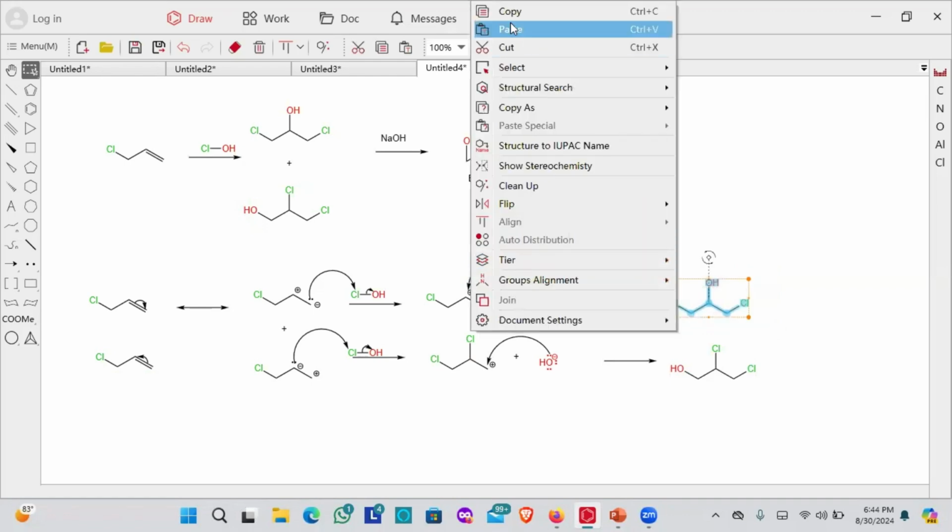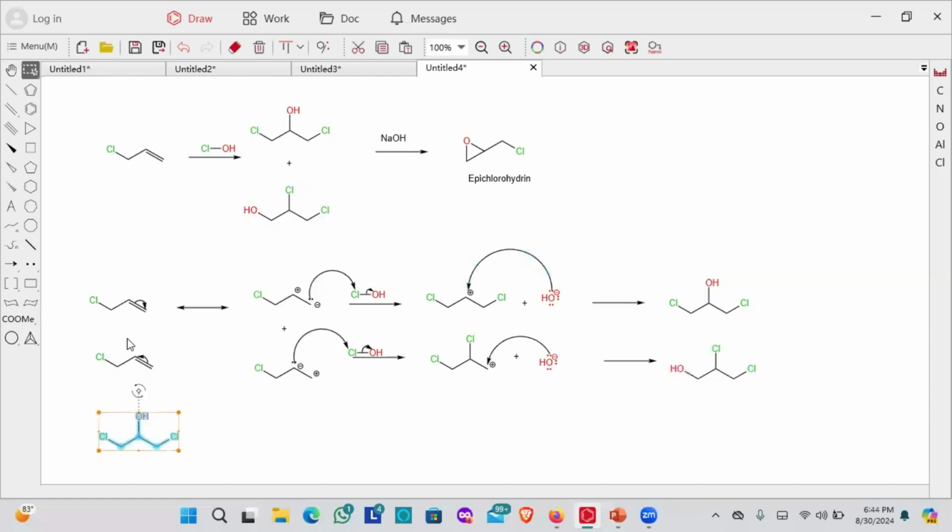This, copy, paste. And then NaOH, sodium hydroxide. Na plus, and then OH minus.